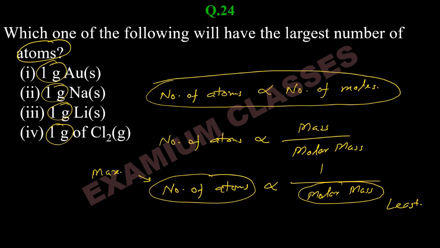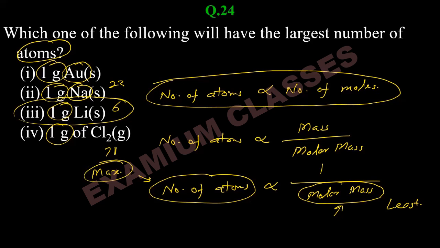Obviously in your examination that will be given, although I have not written it here. Gold is a very heavy atom. Sodium is around 23, lithium will have around 6, and chlorine will have around 71. Now the least atomic mass is that of lithium, so the denominator here is minimum and the number of atoms will be maximum.